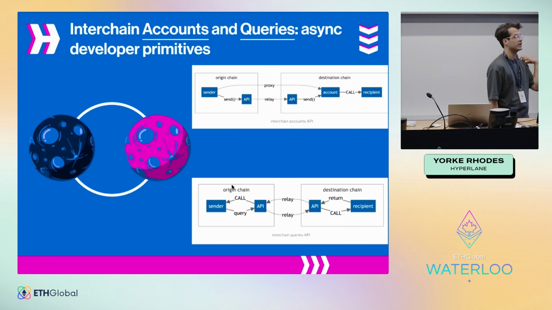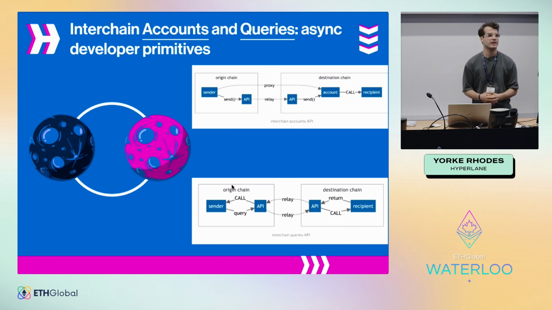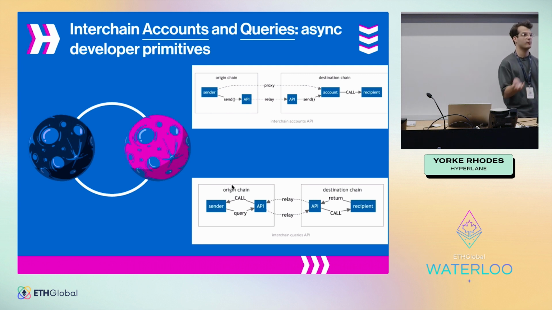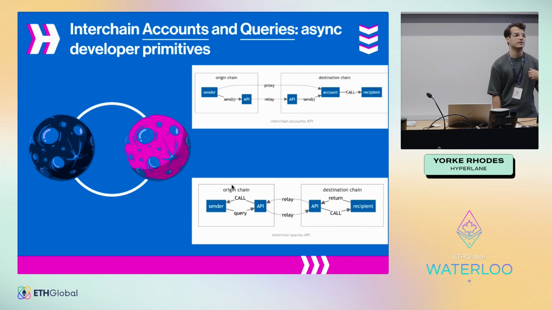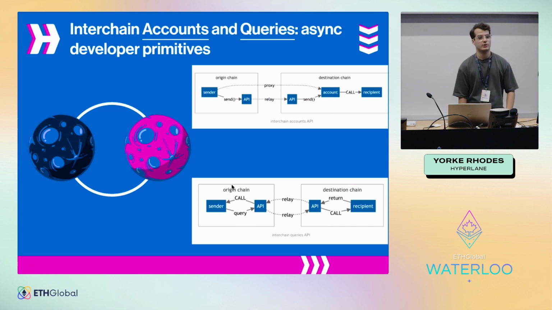If you're familiar with the concept of a smart contract wallet, this is like a smart contract wallet for your contract on another chain. Your contract on the origin chain can send calls to be proxied by its interchain account on some other chain, and you can send assets to your interchain account.